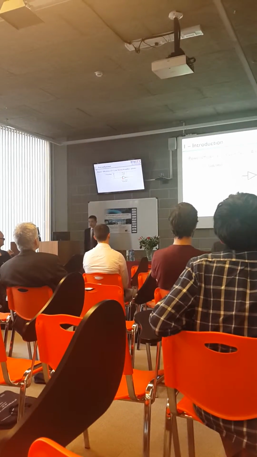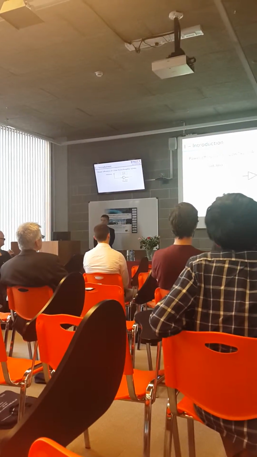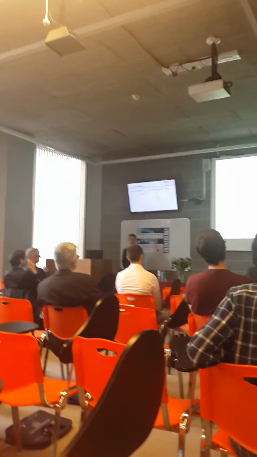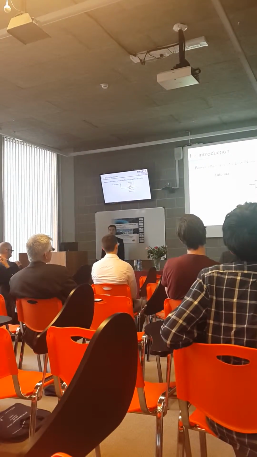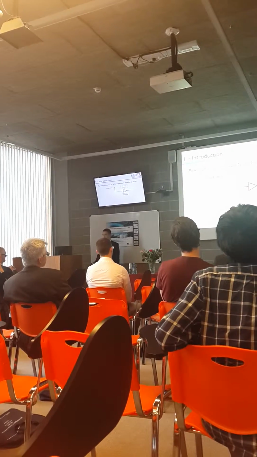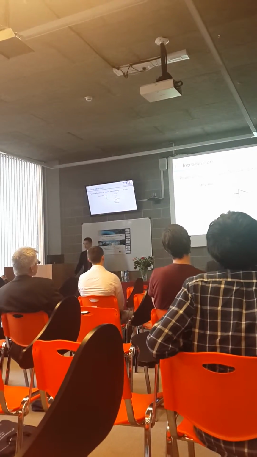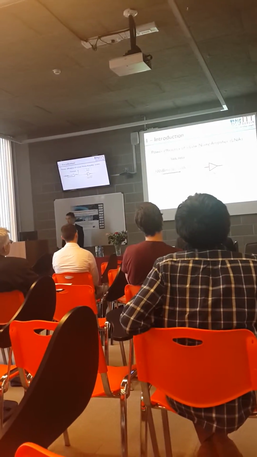The power efficiency of a low noise amplifier, similar to a Class A power amplifier, is the RF power divided by the DC power of the low noise amplifier. Consider we have a minus 100 dBm signal coming in, which is 10 to the power of minus 10 milliwatts.